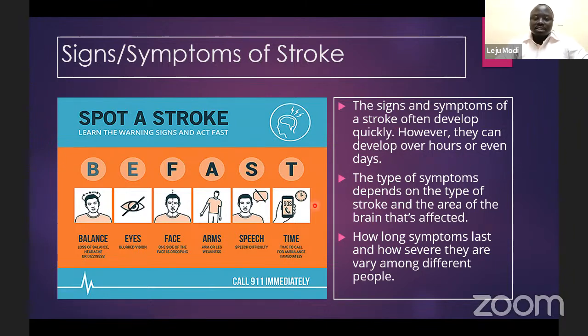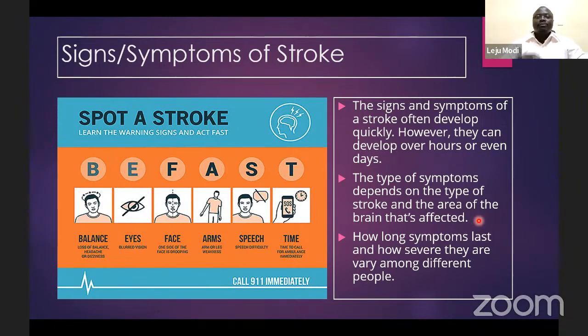Right, so these signs and symptoms can develop over time, but like I said earlier, most times they are sudden onset. So somebody wakes up well, as I said, and then they just develop these things all of a sudden, okay? The type of symptoms depends on the type of stroke and the area of the brain that is affected. And that's why I had to begin by showing you some basic parts of the brain for you to understand.